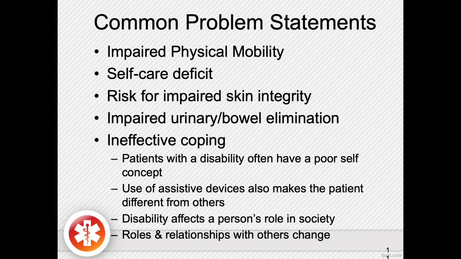Listen, the use of assistive devices also makes the patient different from others. They stand right out. A disability affects a patient's role in society, and their roles in relationship with others change. These interventions that we have discussed are designed to deal with these common problem statements.